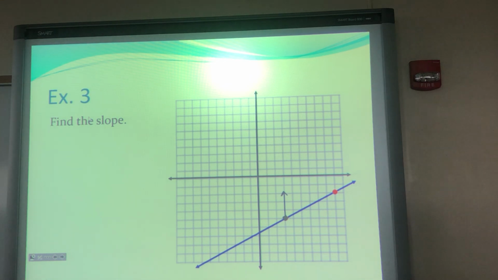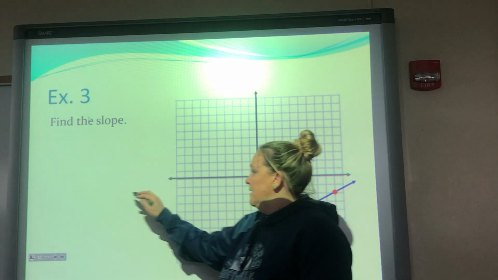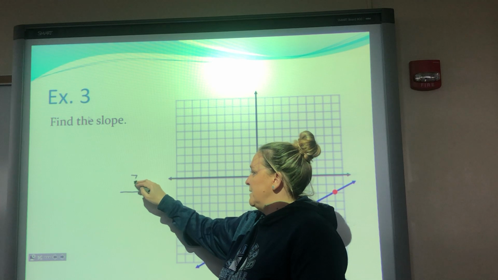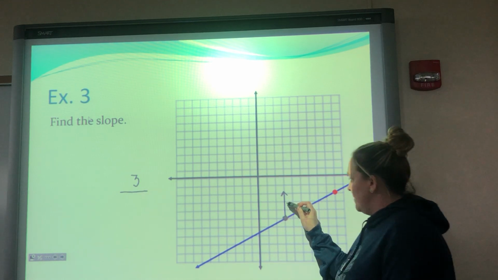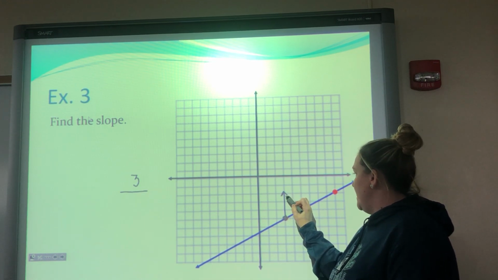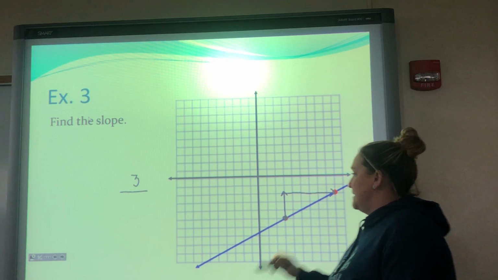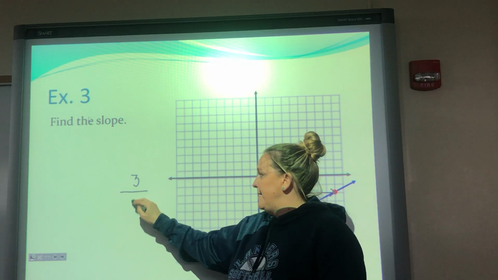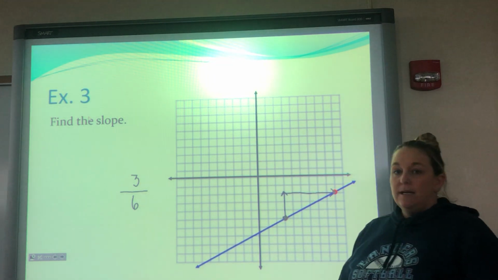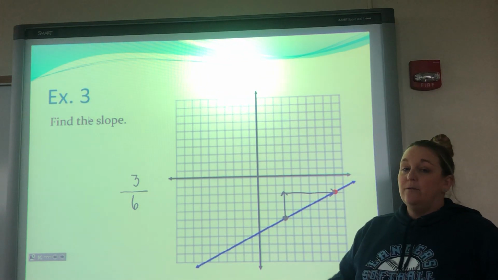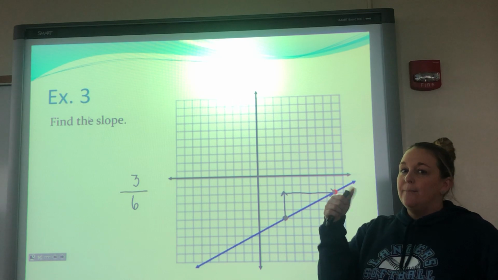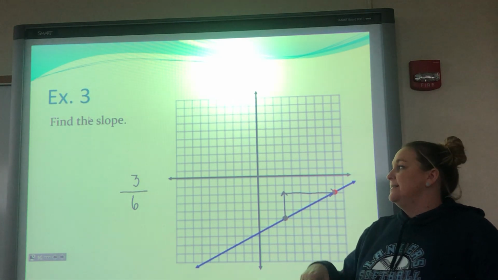Okay, so on example 3, we should have gone up 3. So that's positive 3, 1, 2, 3, and then we're going right 1, 2, 3, 4, 5, 6. So right 6 is a positive 6. So if you got that far, you're doing good. I know in class we always do the thumbs up, thumbs down, thumbs sideways.